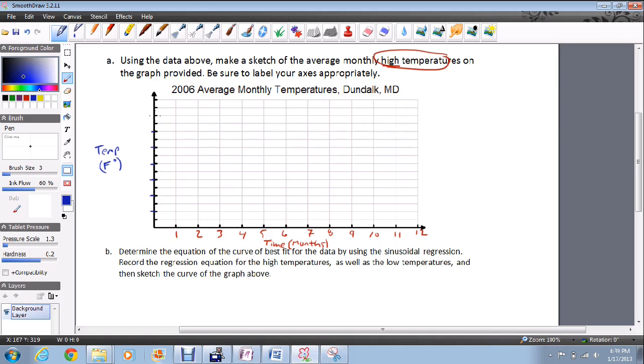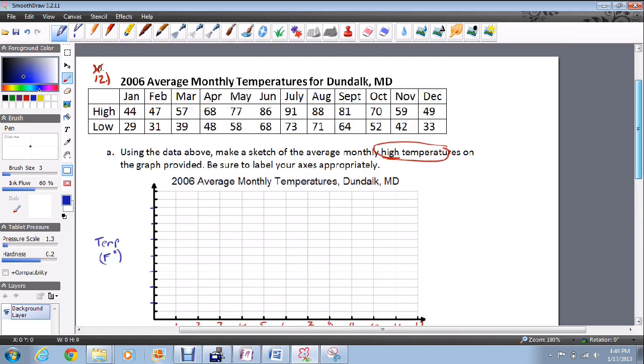You could have done it different as long as it's neat and it fits on the graph, and all of the spacing is equal. So if you went up by 10s, 10, 20, 30, that would be fine too. But if you do something like 5, 12, 14, 25, whatever, that's not going to make sense. So don't just put these values that you see, like 44, 47, 57, etc., on your y-axis.